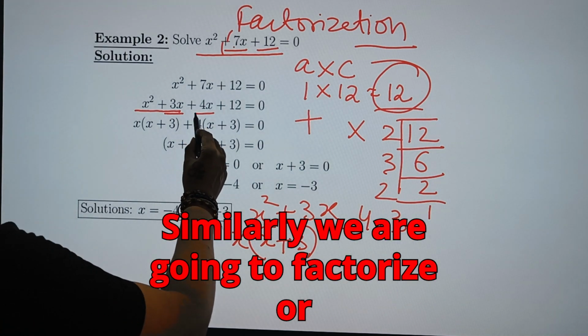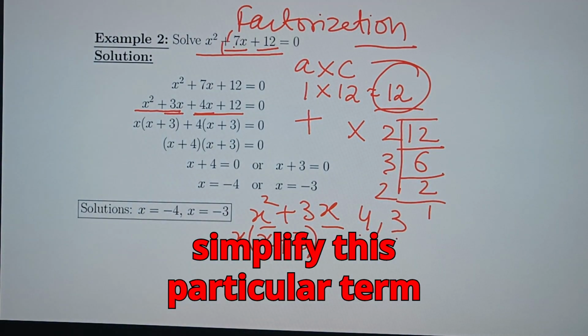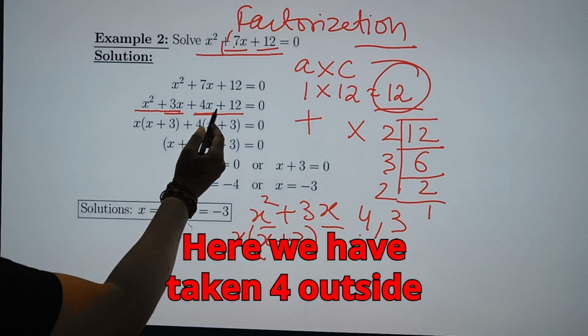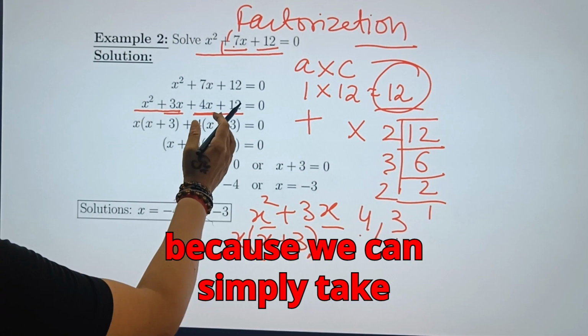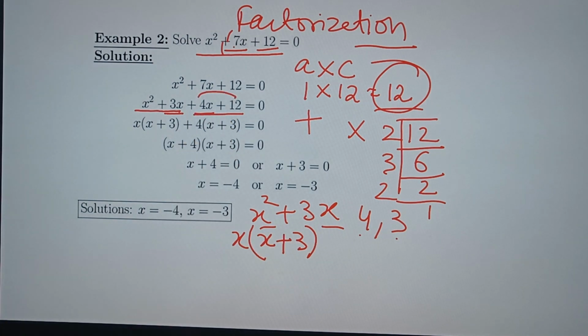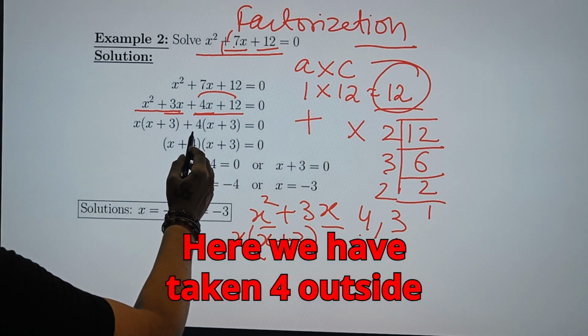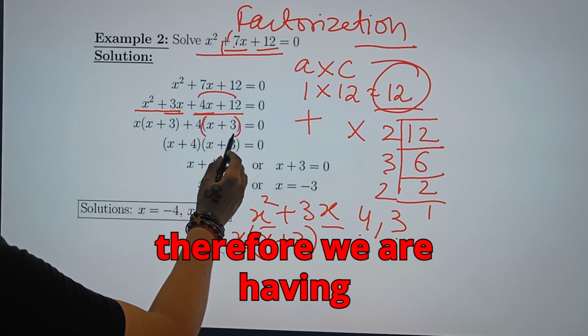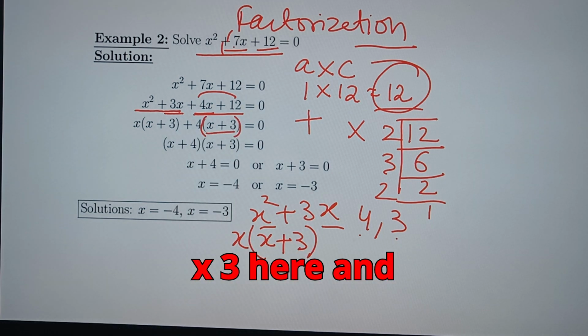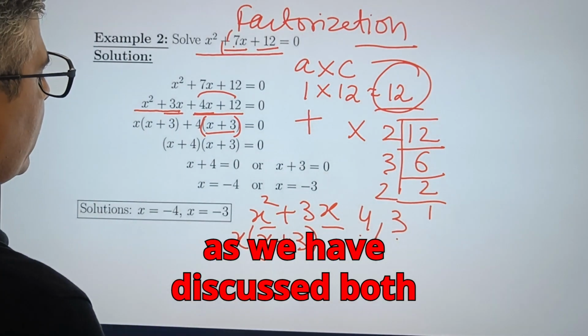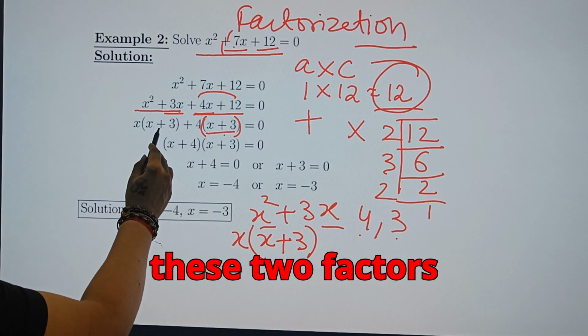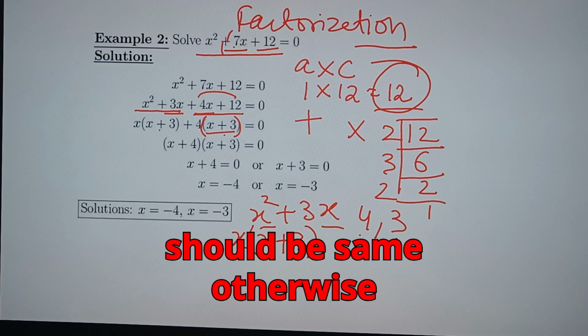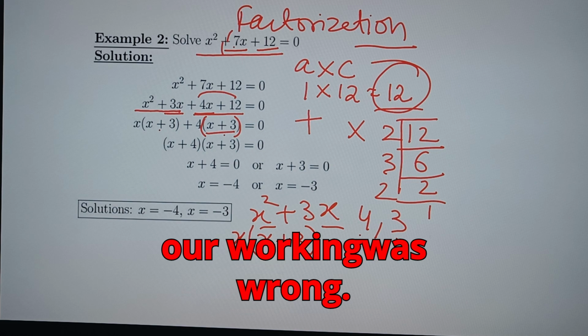Similarly, we are going to factorize or simplify this particular term. Here we have taken 4 outside because we can simply take 4 common from 4x plus 12. Here we have taken 4 outside, therefore we are having x plus 3 here, and as we have discussed, both these two factors should be the same, otherwise our working was wrong.